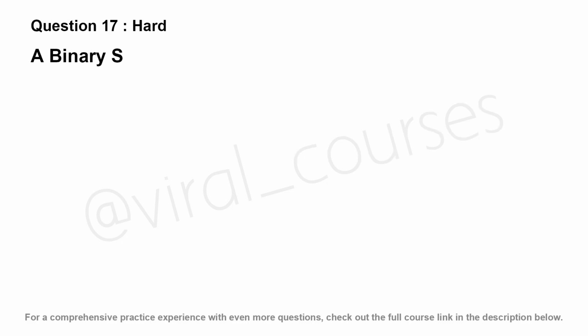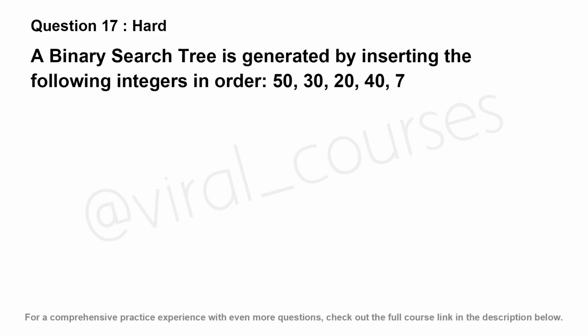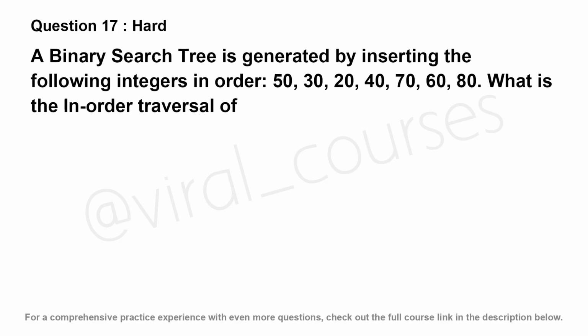A binary search tree is generated by inserting the following integers in order: 50, 30, 20, 40, 70, 60, 80. What is the in-order traversal of this tree? Option A, 50, 30, 20, 40, 70, 60, 80.